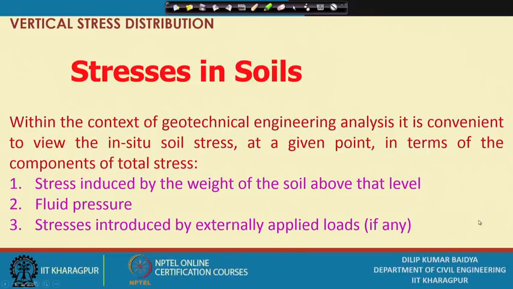Now, this is actually stress in soils in general. In the context of geotechnical engineering analysis, we can divide it into three important parts. One is stress induced by the weight of the soil above that level.